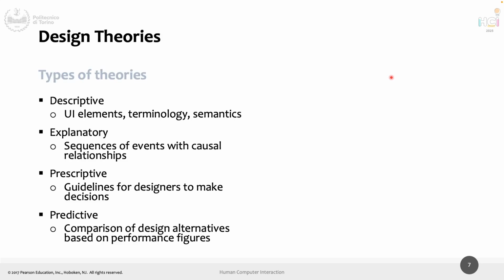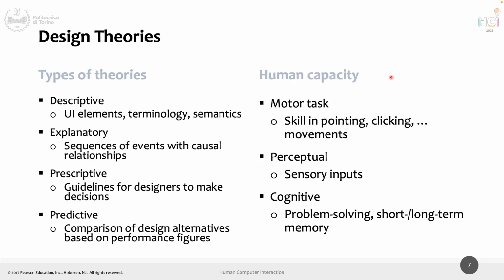We already met, well, there are various types of theories. There are theories that are descriptive, so they describe how things work, which is the semantic of a button, which are the elements you can use, etc. There are theories that are explanatory, prescriptive, and predictive, where you explain something, you prescribe something, or you predict that if you do something like this, then something will happen.